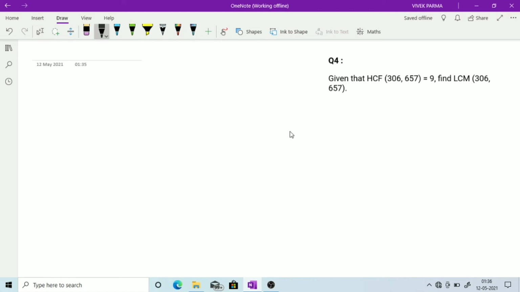So here, LCM of 306 and 657 into HCF of 306 and 657 will be equal to the given two numbers, and the given two numbers are here 306 and 657, right?